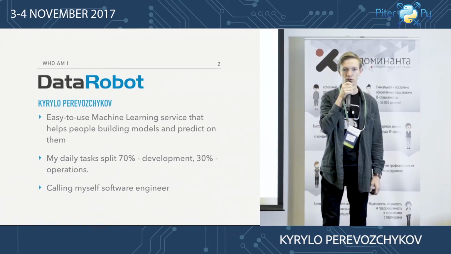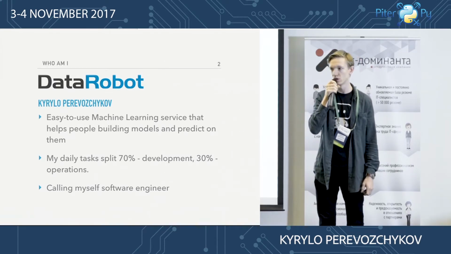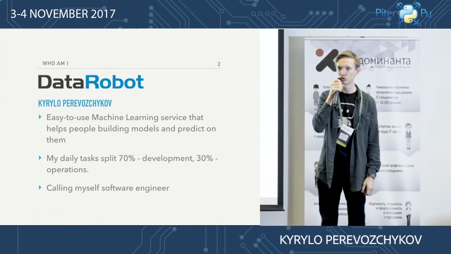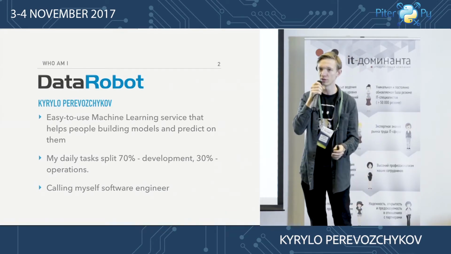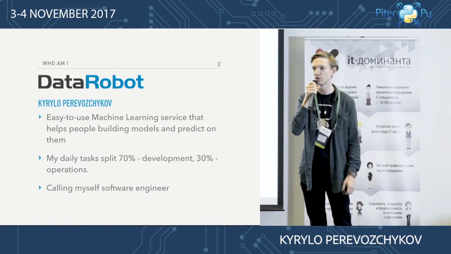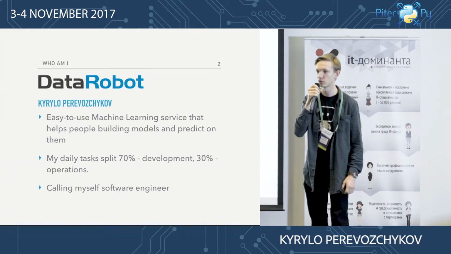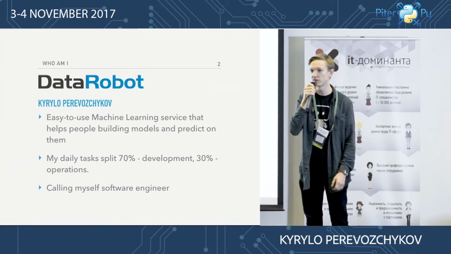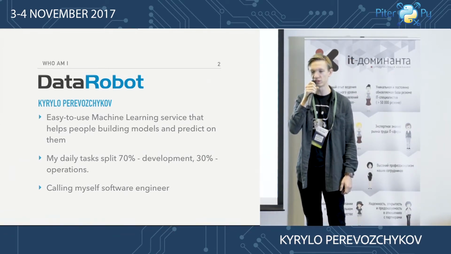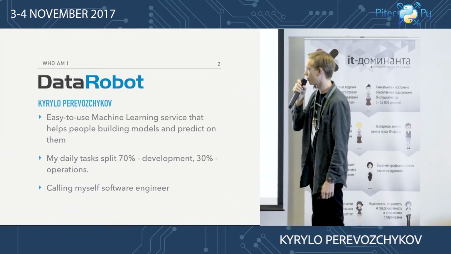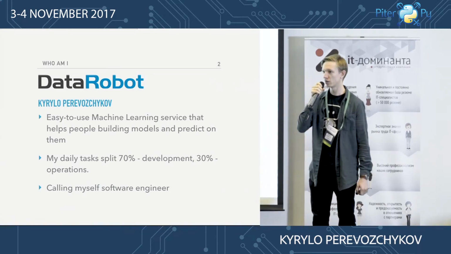You don't need any special knowledge about data science. And then we can select the best model, which on average will perform better than any manually built model. And it will do it 35 times faster.